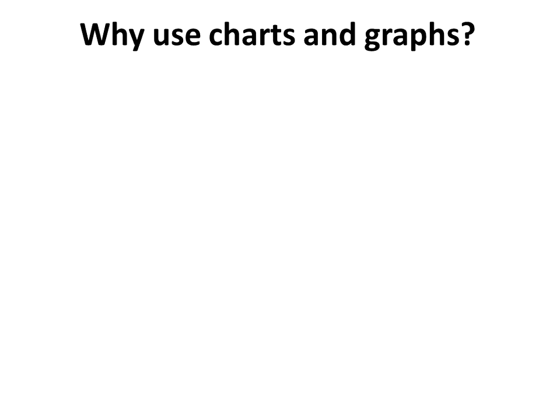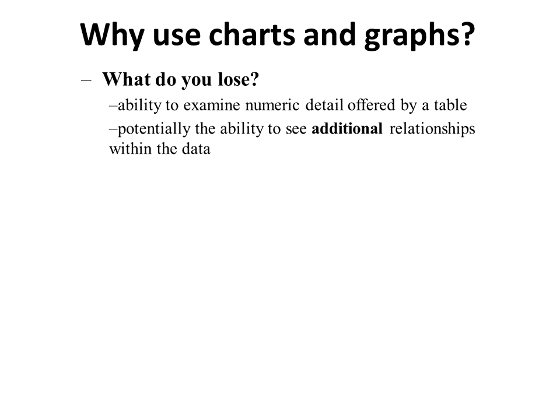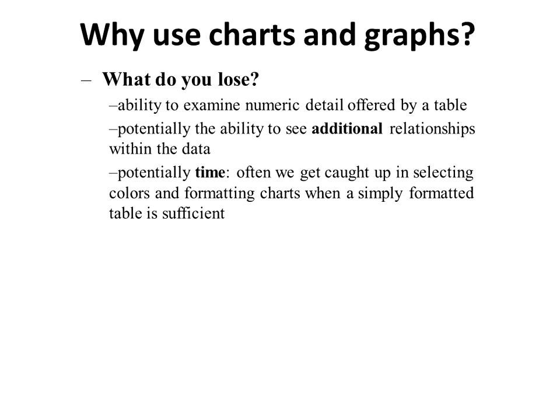So why do we use charts and graphs? What do we choose? What do we lose? The ability to examine numeric detail offered by a table, potentially the ability to see additional relationships within the data, potentially time. Often we get caught up in selecting colors and formatting charts when a simply formatted table is sufficient.